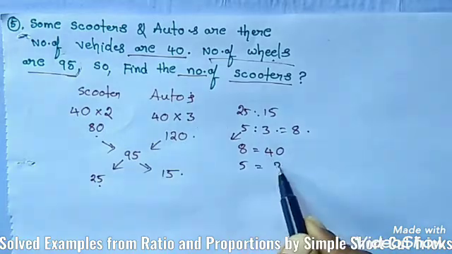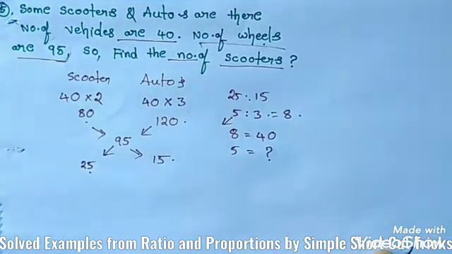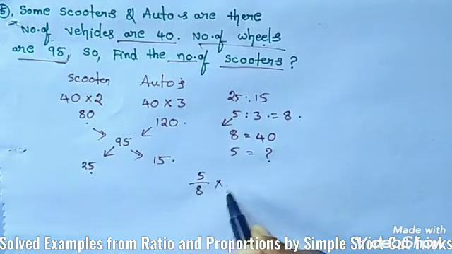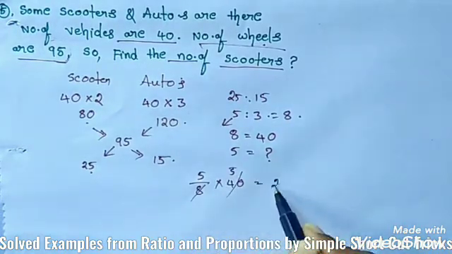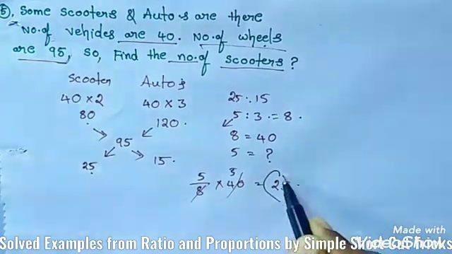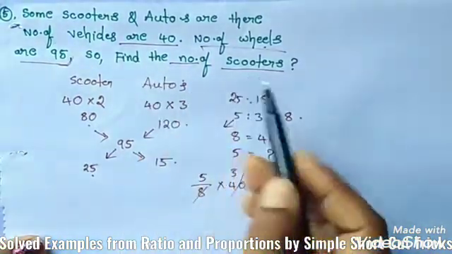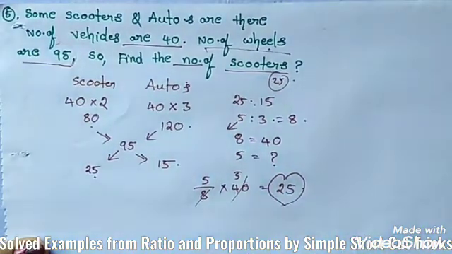So the scooters ratio means 5. For this 5, how much number do you need to take? So the calculation is 5 by 8 into 40. Here is the calculation, 5 times 5, 25. So this is the answer, 25 scooters. Find the number of scooters means 25 here. Right, this is the simple calculation.